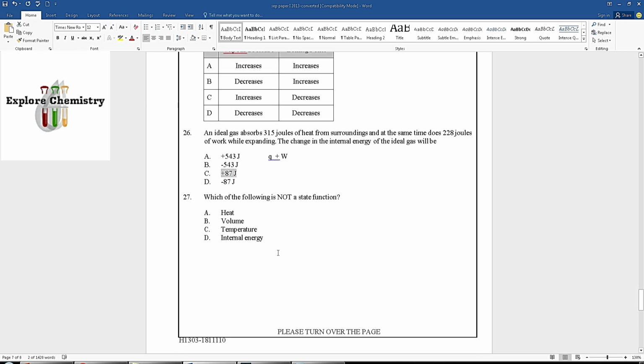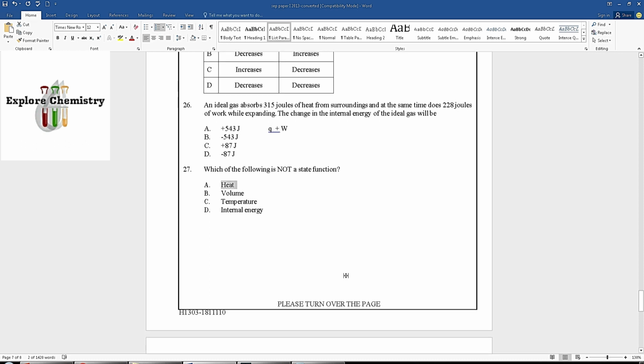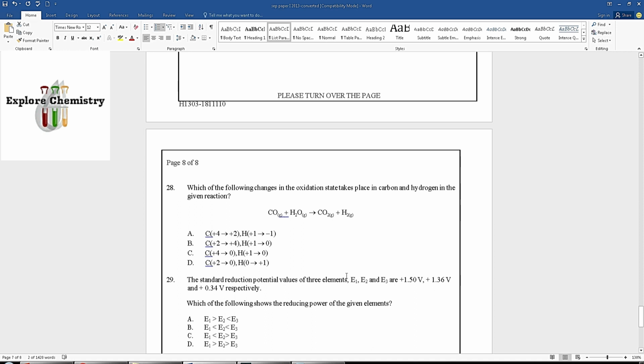Number 27, which of the following is not a state function? So heat and work are not a state function, they are path function. They depend on path. A is the answer. Number 28, which of the following changes in the oxidation state takes place in carbon and hydrogen in given reaction? Carbon, if you will see, oxidation state is +2 here because oxygen is -2, but here it is +4, oxygen is -4.